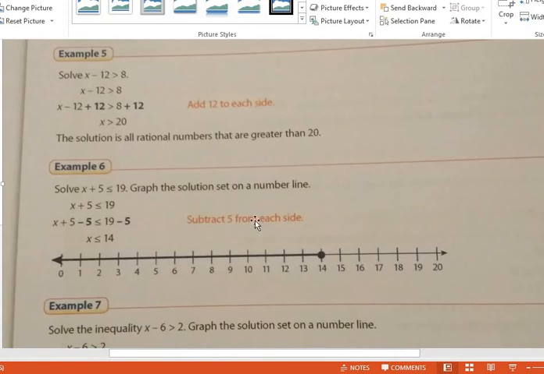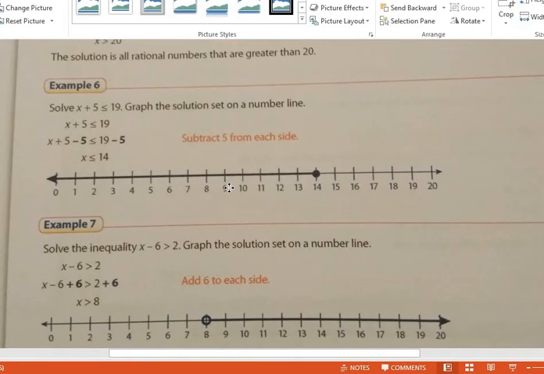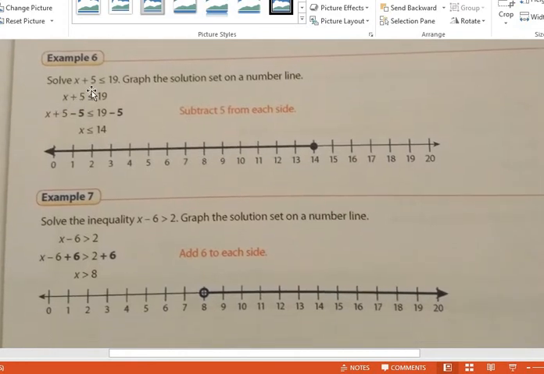Now, example 6. Solve x plus 5 less than or equal to 19. Graph the solution set on a number line. It's very easy. I want x to be alone. What should I do?